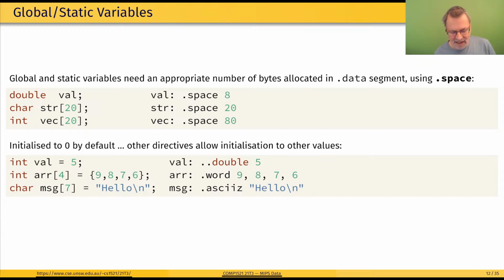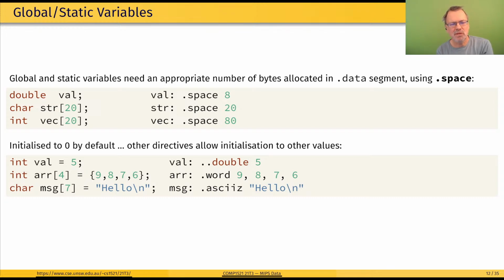But in next week's labs, you'll write code that effectively uses global variables in assembler. So when I'm showing you the C analog, we'll actually show you global variables.